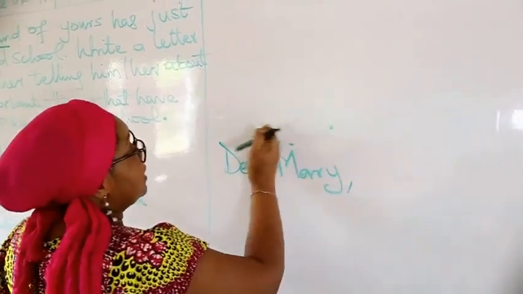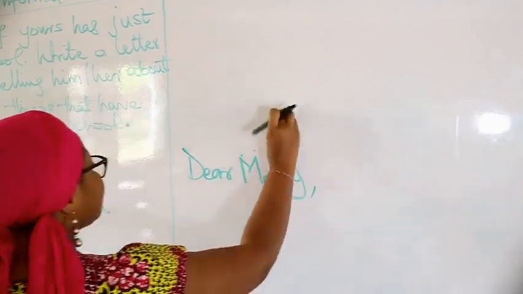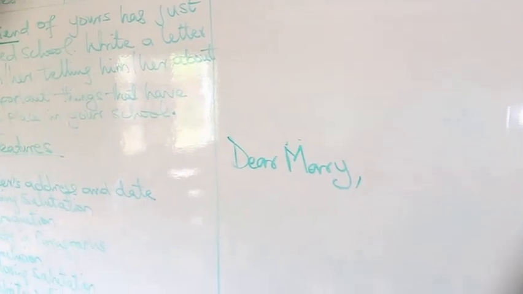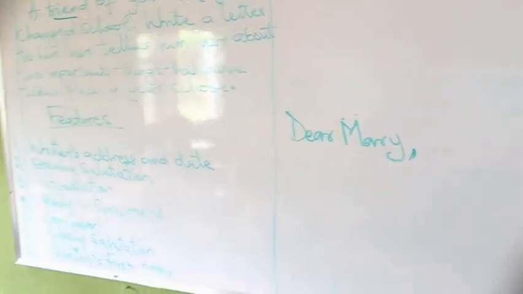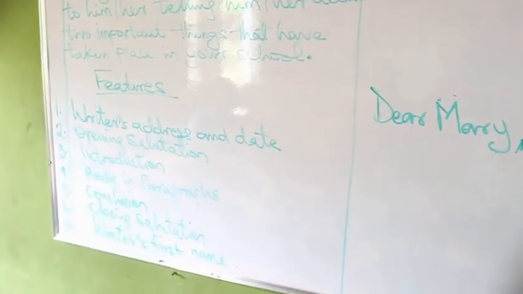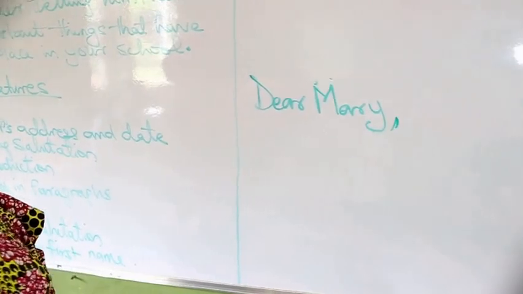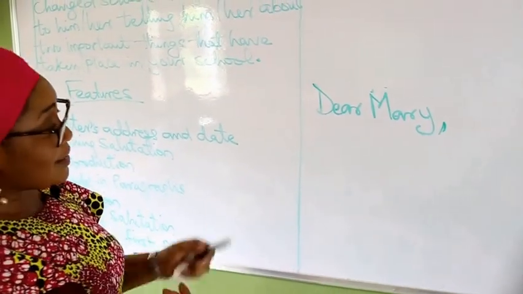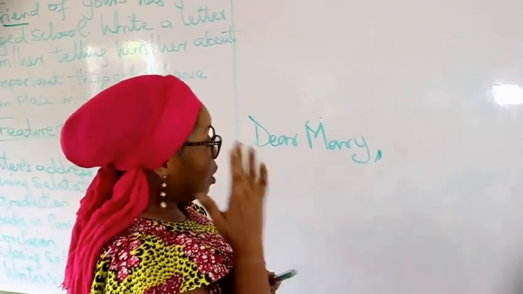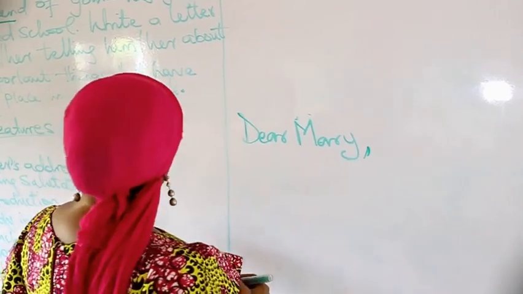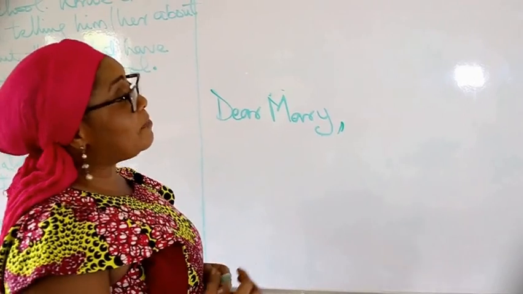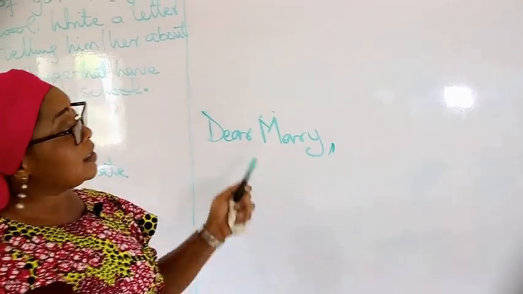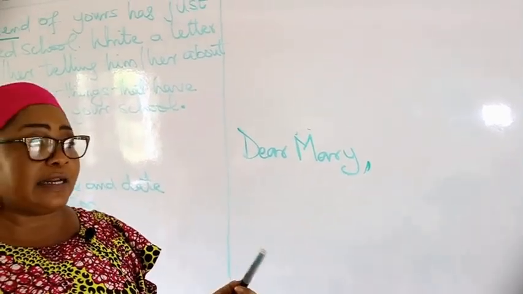All right, let's proceed. Now, after the opening salutation with a comma, that will take us to the third feature, the introduction. The next thing you do is to open a paragraph. You're writing to a friend. So under the first paragraph, you exchange pleasantries. Remember, I told you that this type of letter is a friendly type of letter.